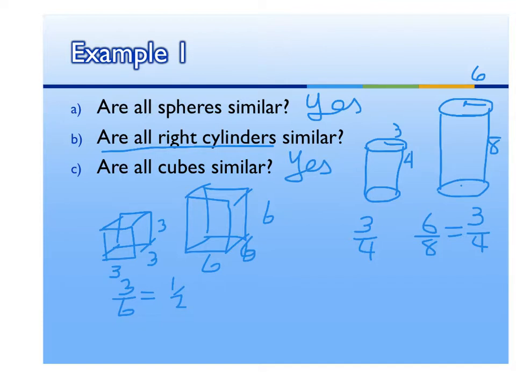Now, if it were asking for the scale factor, that would be the ratio I would need. So I would have to include in my fraction something from the small one, something from the large one. So if I were doing radius to radius, it would go 1 to 2, and then height to height would also be 1 to 2.